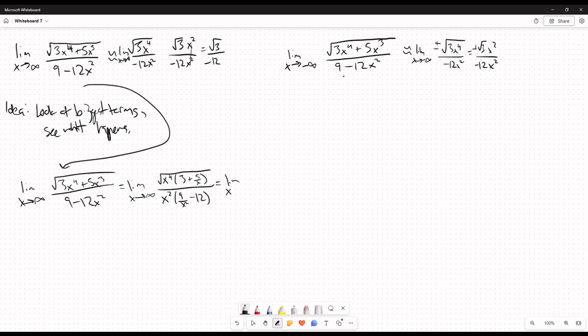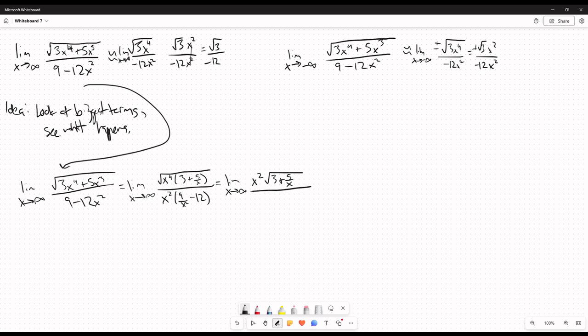Then let's pull out that x to the fourth from the square root. We'll have x squared. As we saw, we don't need to add a negative sign, because the numerator is already positive, and that's what it's supposed to be.